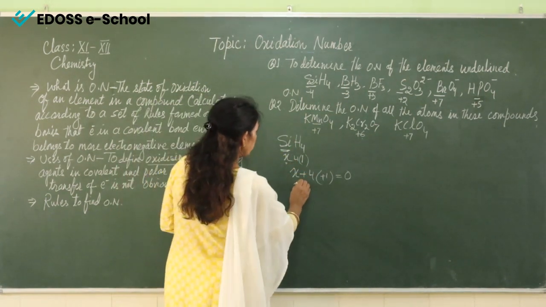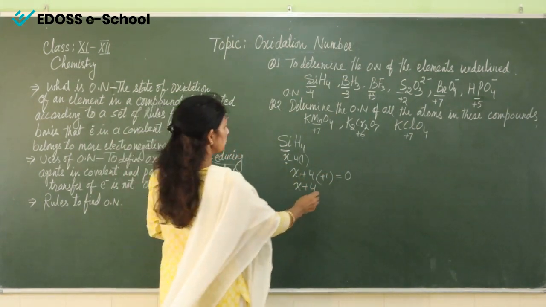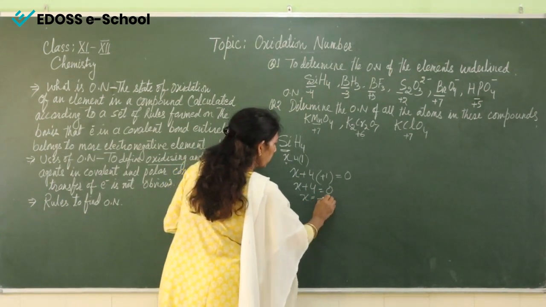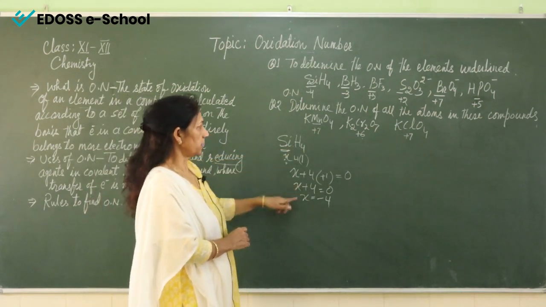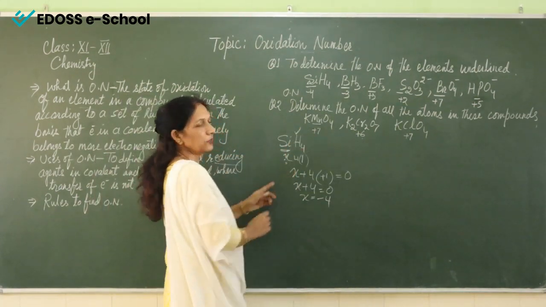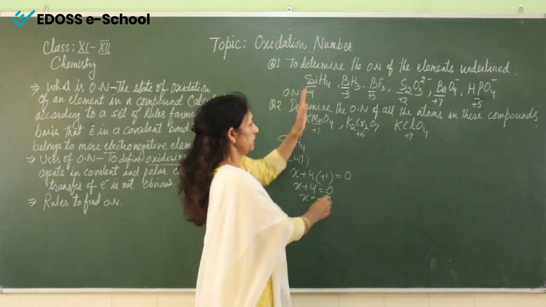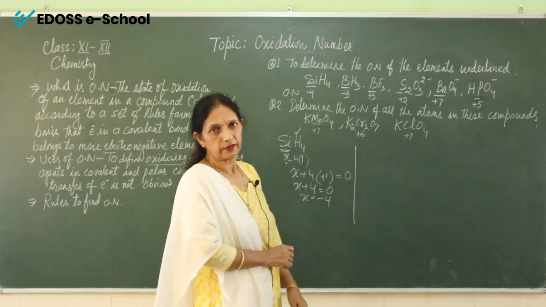So X plus 4 is equal to 0 and X is equal to minus 4. So this is the oxidation number of silicon in silicon hydride.